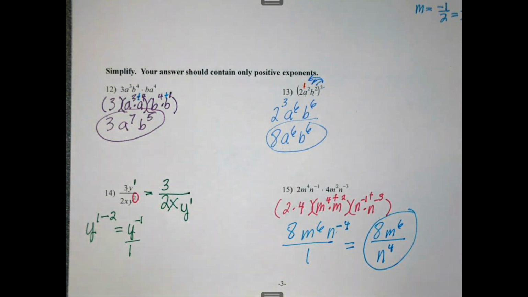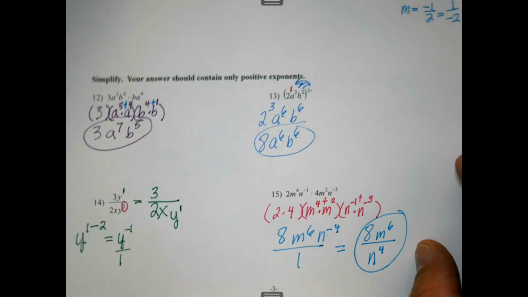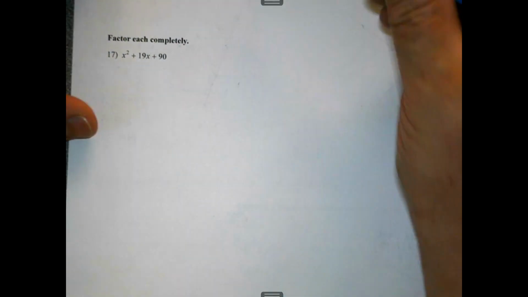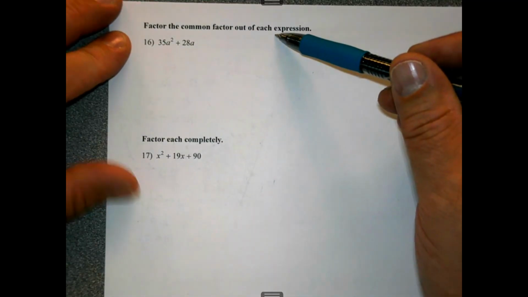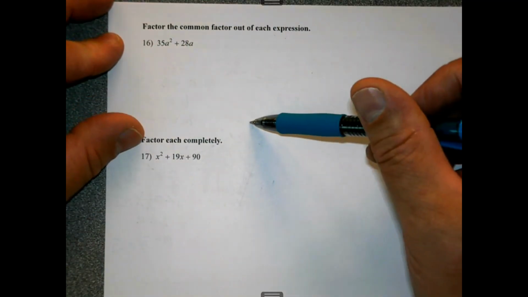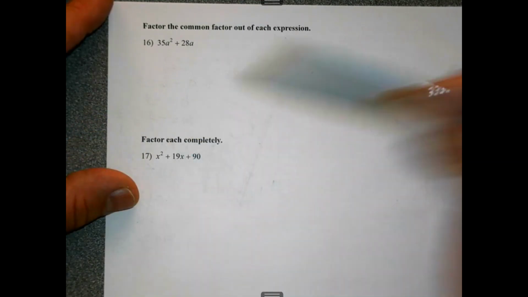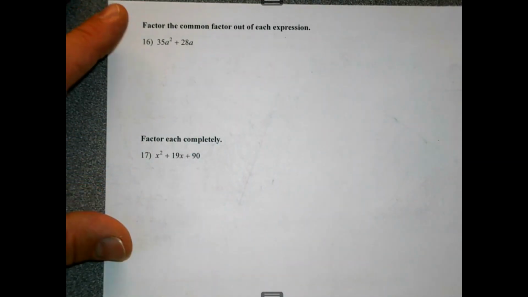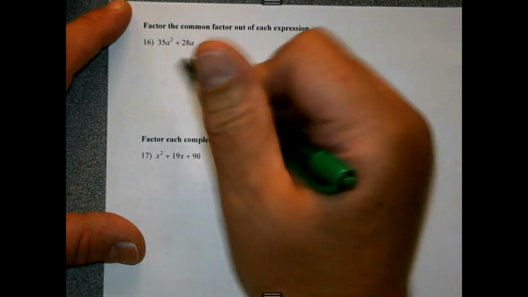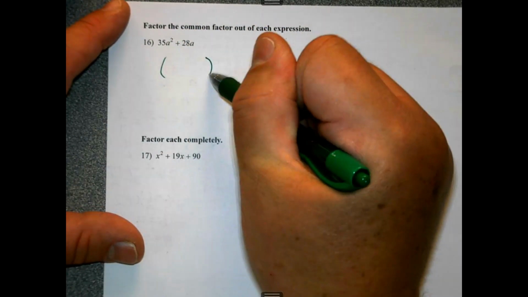And then finally, we did some factoring, right? Some simple factoring. We did factor out common factor, and then we did factor completely with no coefficient for the x squared. So number 16, what can I take out of both?